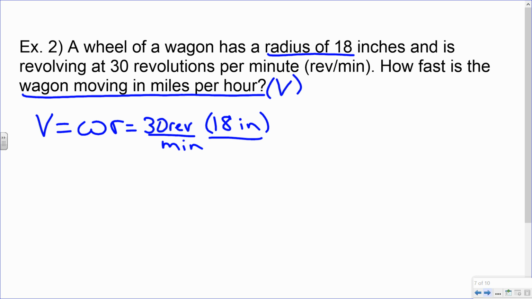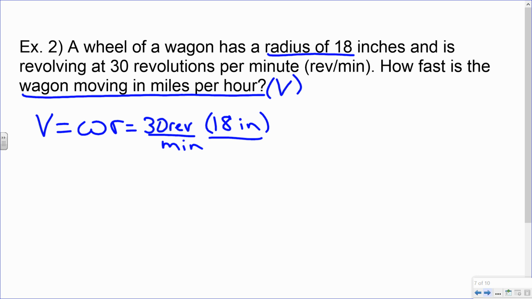So far, everybody with me? But the catch is I can't use this formula unless omega is what? What, Maya? Radians. Are revolutions radians? So we need to convert that.